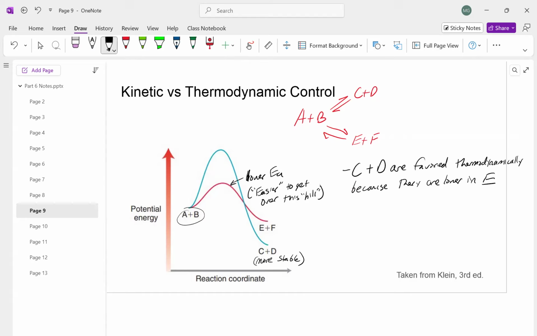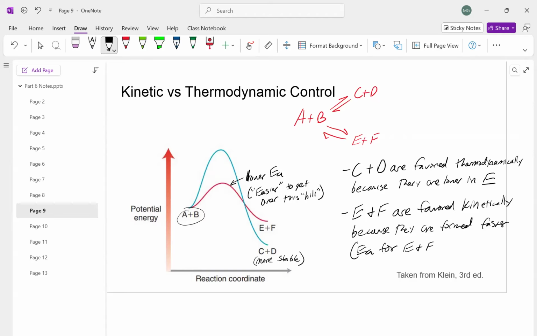Not only are they lower in energy than the reactants, they're lower in energy than E and F. So C and D are the more stable products compared to E and F. But if we look at the hills, the kinetics, E and F are favored kinetically because they are formed faster. The activation energy to make E and F is less. It's easier to get over that hill.